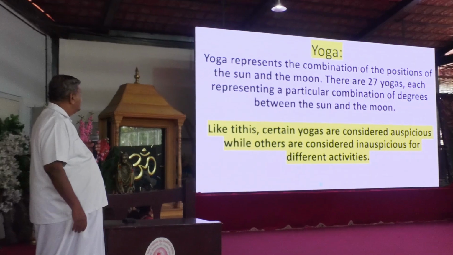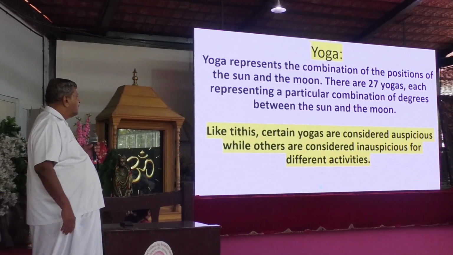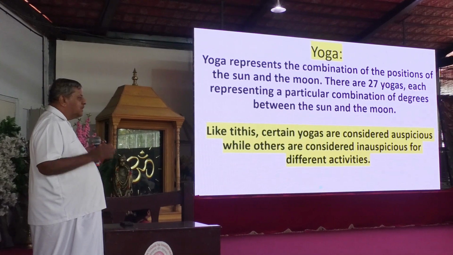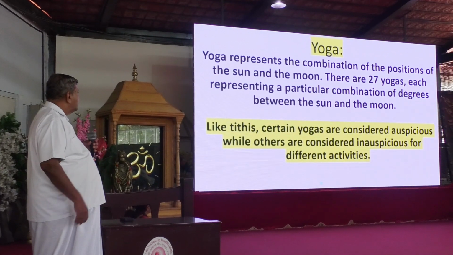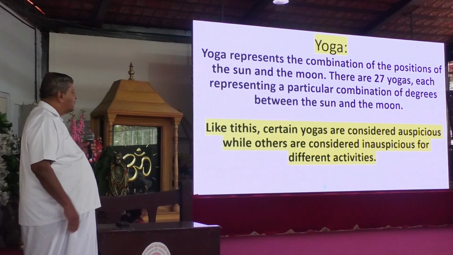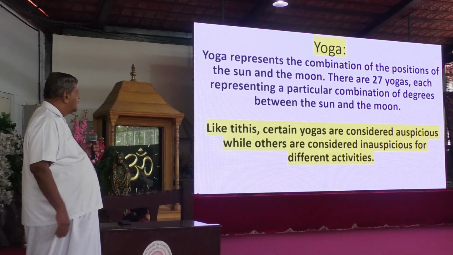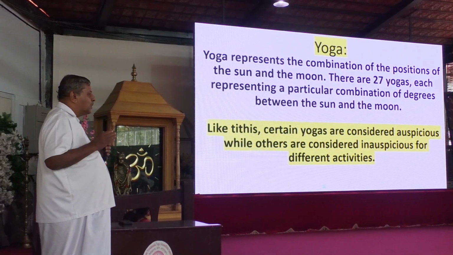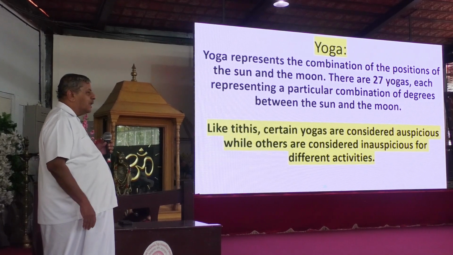Then we have the Yoga. Yoga represents the combination of the positions of the sun and the moon. There are 27 yogas, each representing a particular combination of degrees between the sun and the moon. Just like Tithis, some yogas are considered very auspicious, while others are considered inauspicious for different activities.